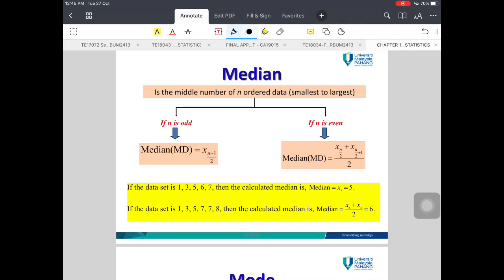So we have to make sure, before we get the median, that we rearrange our data from the smallest to the largest. If n, the sample size, is an odd counting number, you are going to use this formula to find out the position. Median is a location-based center value. We need to find the center value of the ordered data set. If n is an even number, you are going to use this kind of formula.